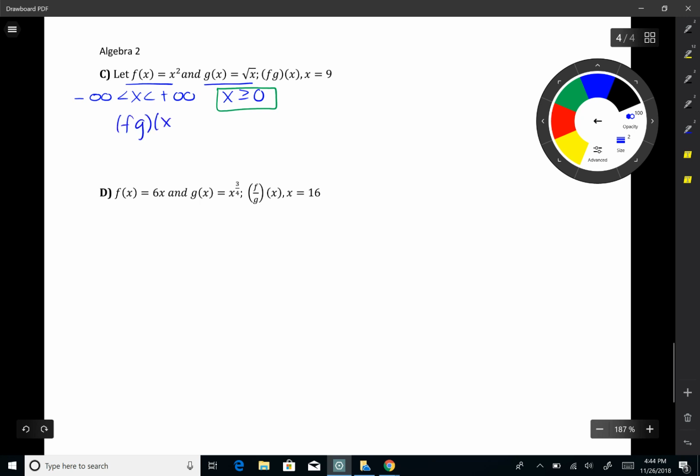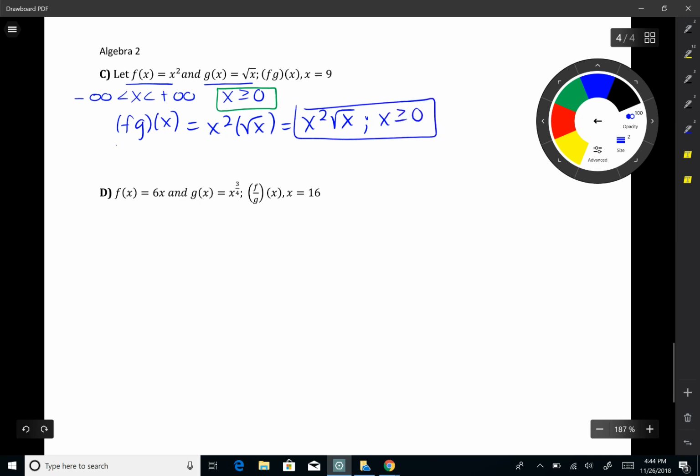F times g of x. I'm going to take x squared times the square root of x. And you could leave it as x squared times the square root of x. That works out. If you wanted to have fun with rational exponents, you could do that, but we don't need to. So we're going to do that, and our domain is x is greater than or equal to 0.